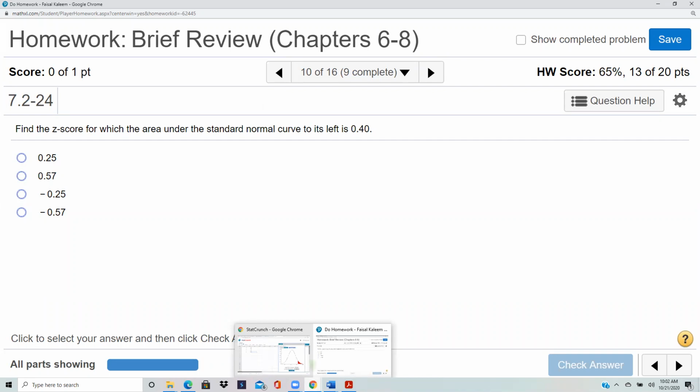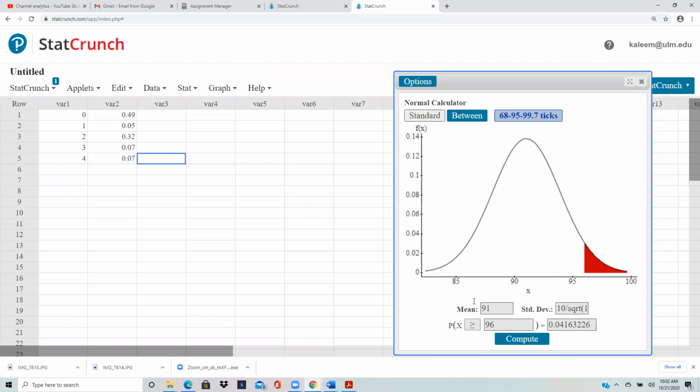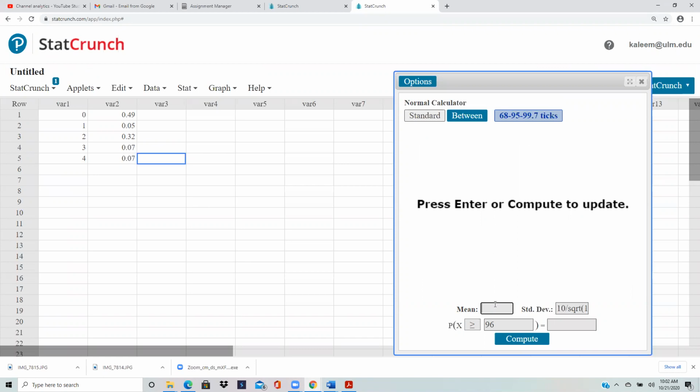Okay, so tell me, what do we do here? Wouldn't we use Statcrunch, the normal, and do the mean 0, standard deviation 1, and do less than, because it was on the left, so less than.